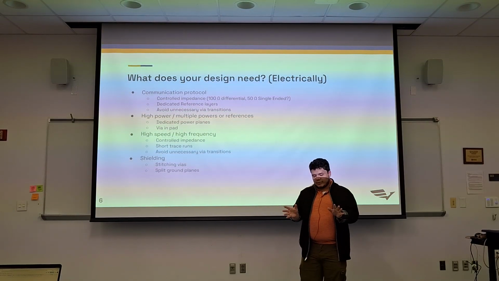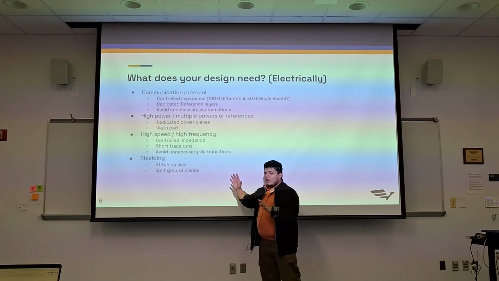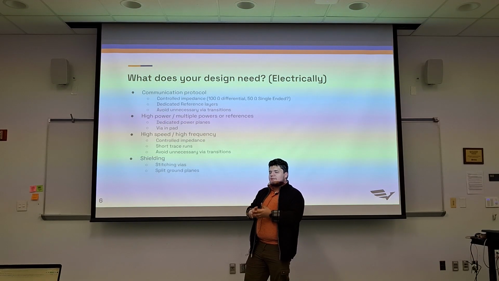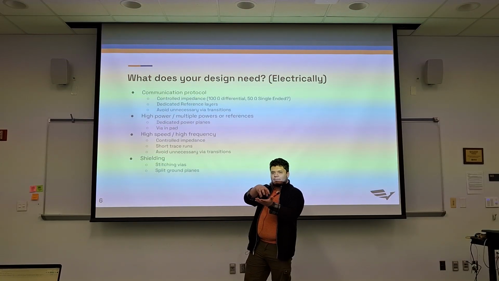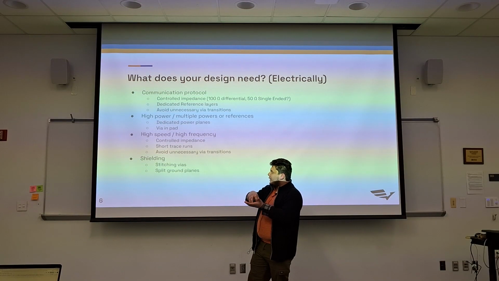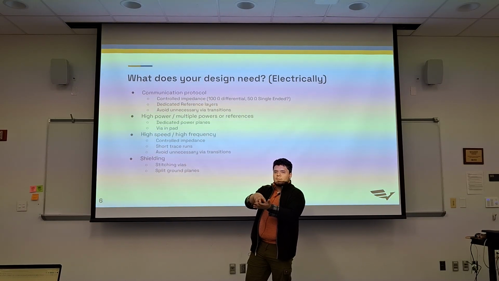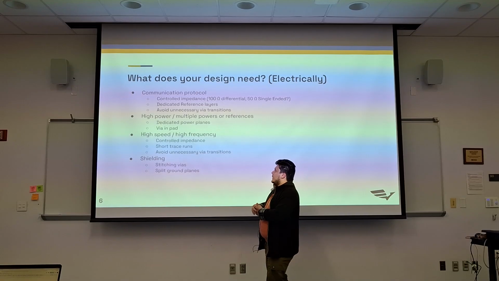Shielding can come in two ways. We can either do it on board, or we can do it off board. I don't think we do too many designs where you have to put any EMI shields, like a physical block of aluminum, but that is a requirement sometimes in some boards. Obviously you can't just put the components everywhere, because sometimes you're going to have a block of aluminum going on top of it if you have to shield it.